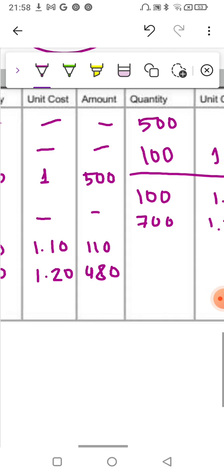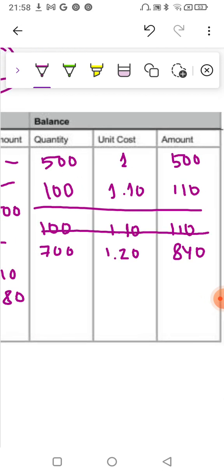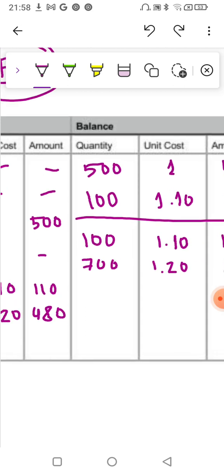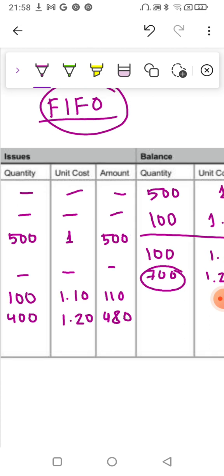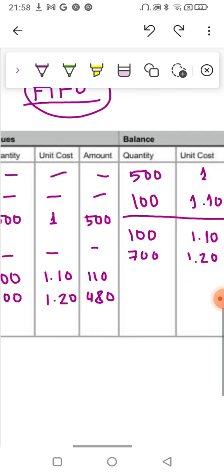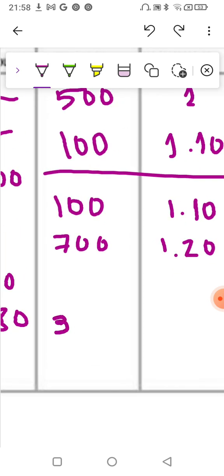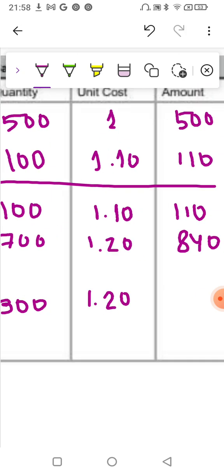After this issue is done, I'm no more left with this. This is done, gone. I am left with a lot of 700, out of which 400 is gone. So what remains with me is 700 minus 400, that is 300. So 300 of 1.20 per unit cost remains with me.